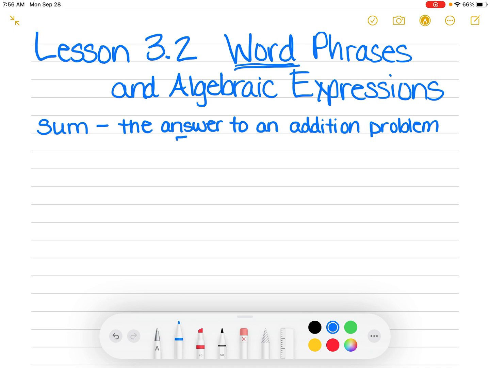So if I had the problem like 5 plus 1 equals 6, if I asked you what is the sum, it is the 6, okay, because it is the answer to an addition problem.